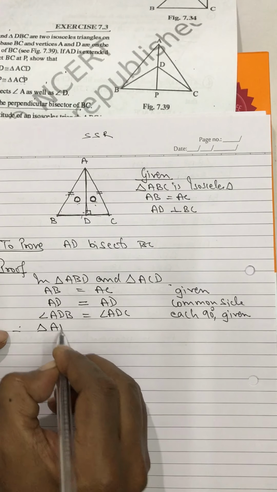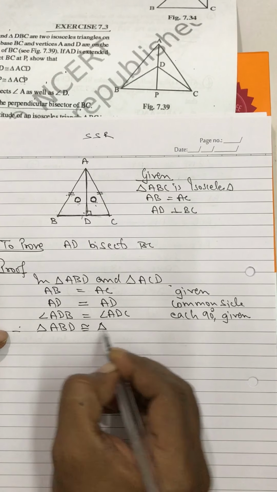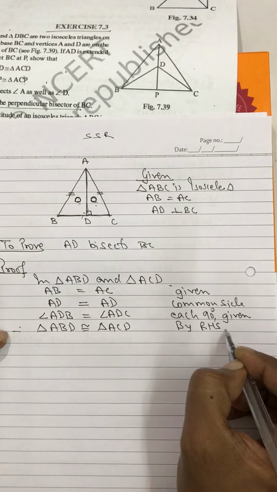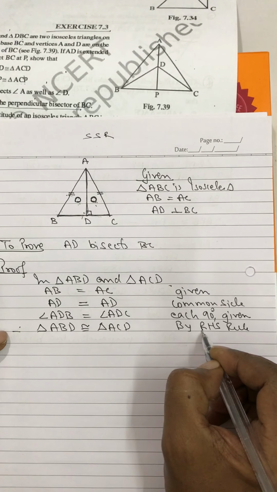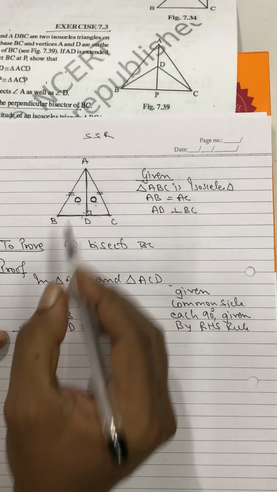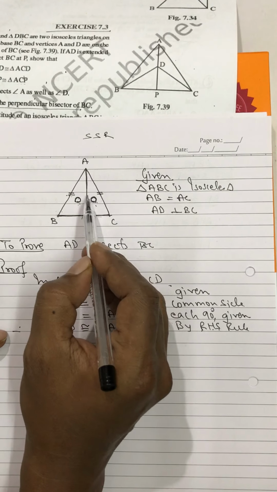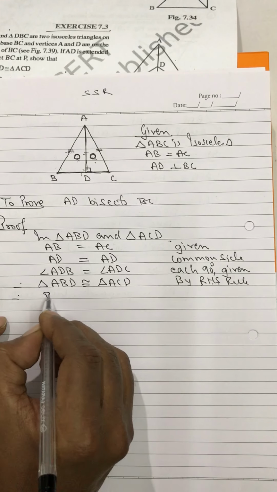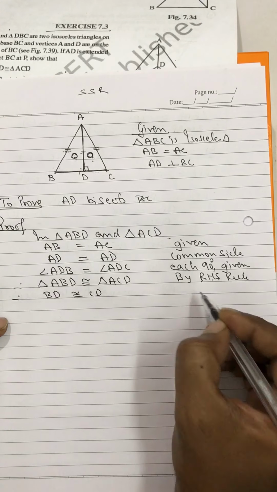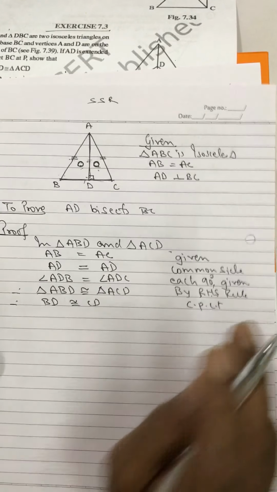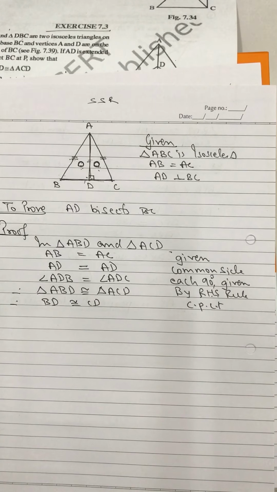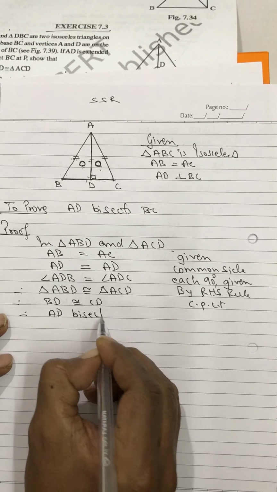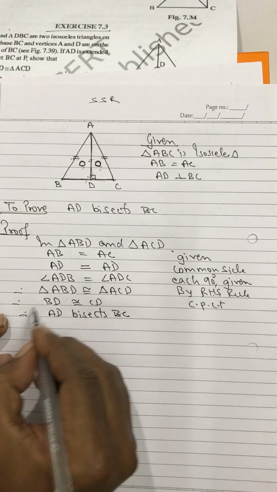Therefore triangle ABD is congruent to triangle ACD by the RHS rule, right angle hypotenuse side theorem. Therefore I can say BD is congruent to CD because of CPCT, congruent parts of congruent triangles. Therefore AD bisects BC.